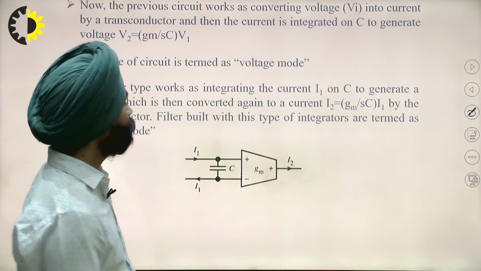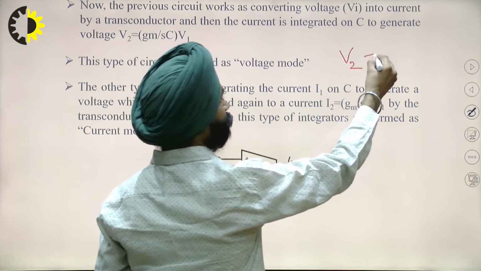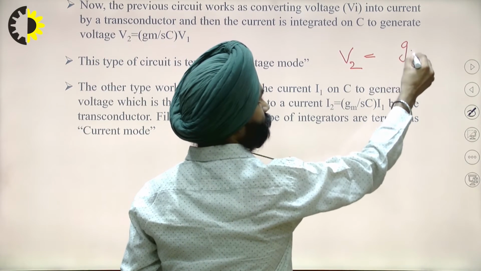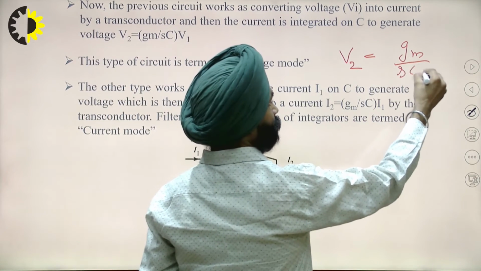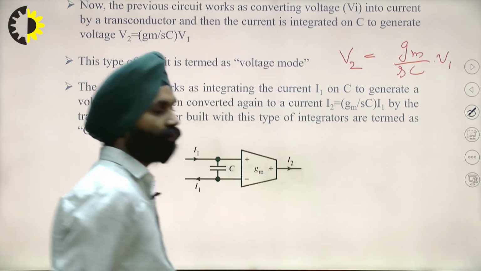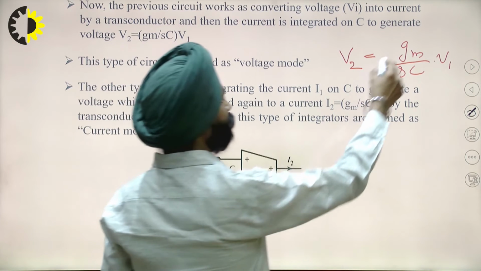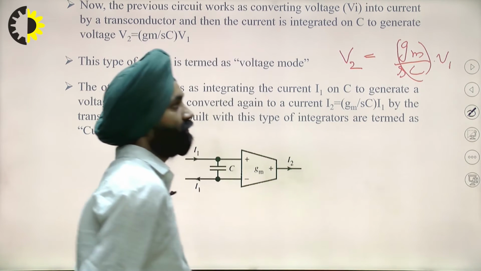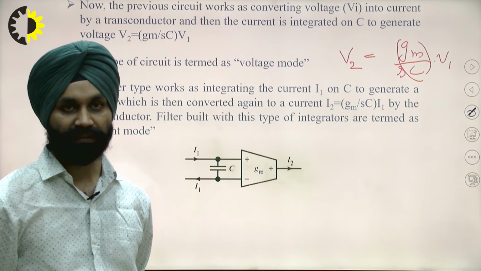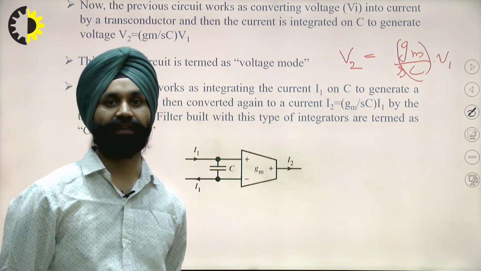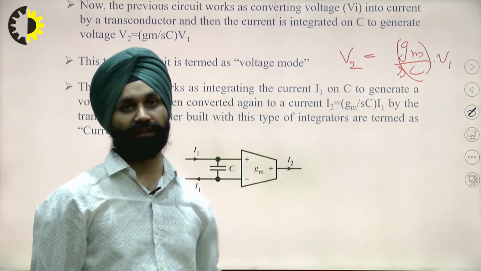So the output voltage V2 will be equal to Gm upon SC into V1, if we do not consider C0 and G0. This gives the integrator with constant Gm by C, integration of V1 with C. This circuit is known as the voltage mode, where we are not considering the currents but the voltages.